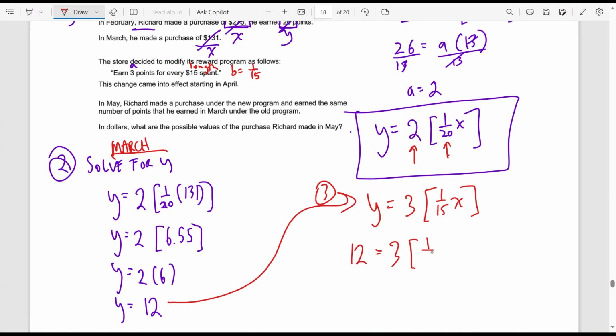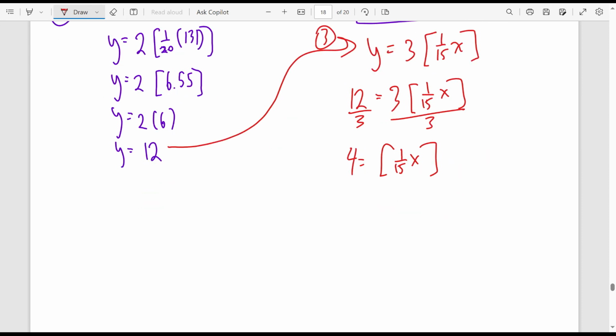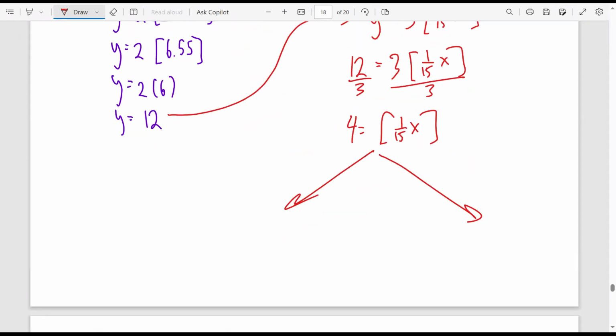So 3 times the bracket of 1/15 x. Now we're looking for an x. So like typical, we're just going to divide first and try to get our brackets isolated. And then now we can split things off. Just know that there's two sections now. Let's reevaluate why I'm doing this.